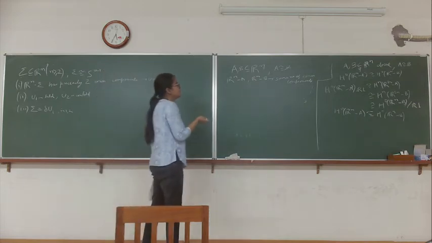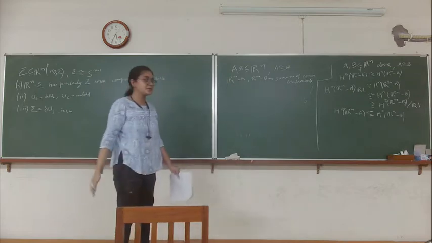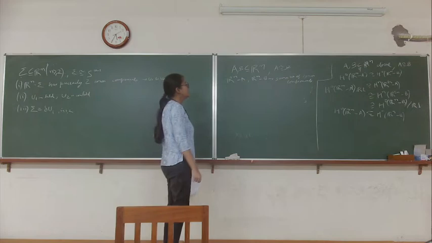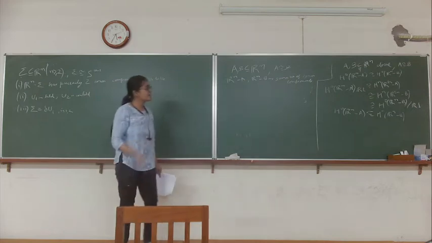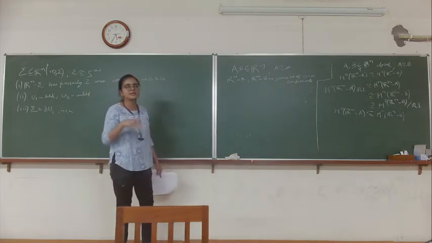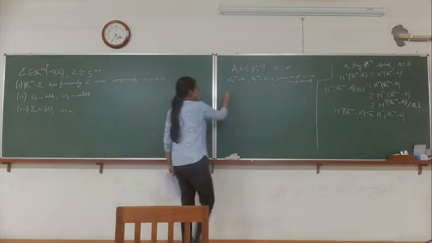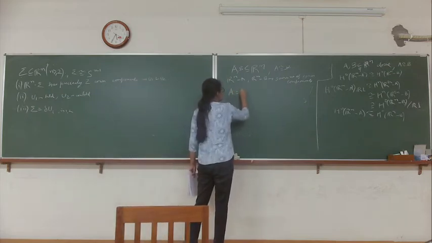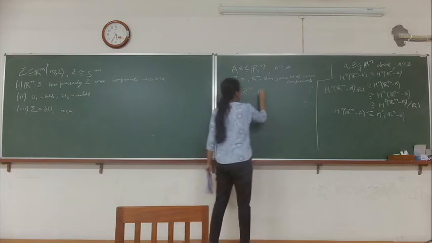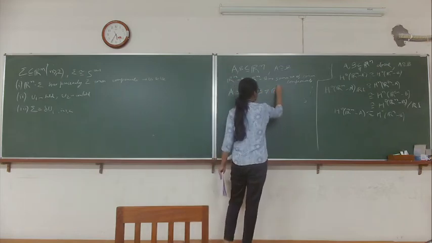When A and B both equal R^n, then R^n minus A and R^n minus B are empty, so there's no point of doing that, it's already done. So the case is when one of them is R^n and the other is not equal to R^n. So without loss of generality, let A equal R^n and B not equal R^n.